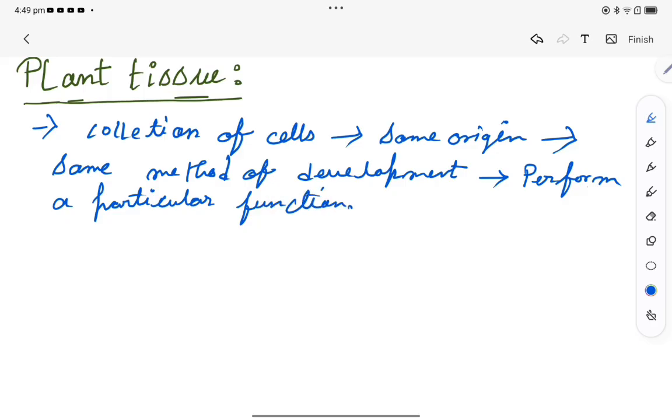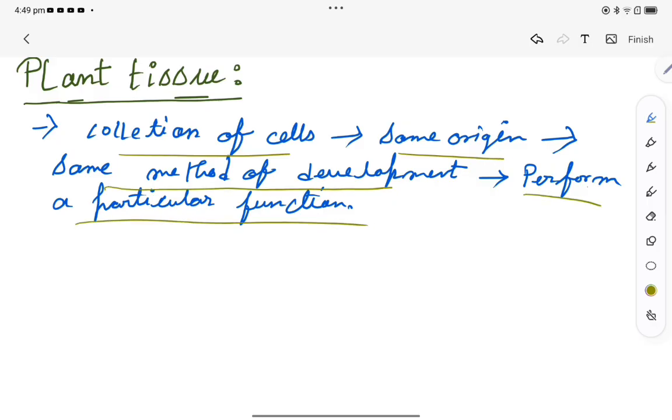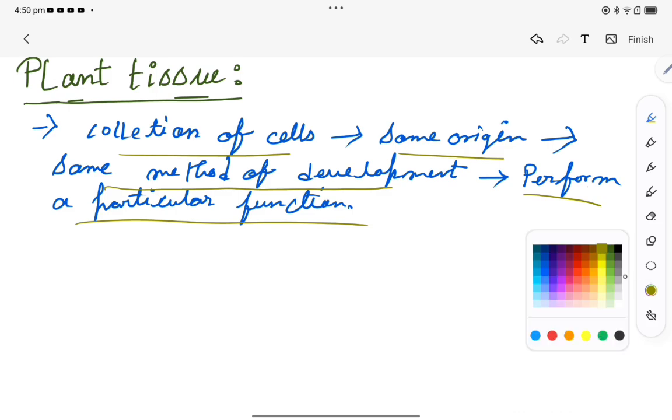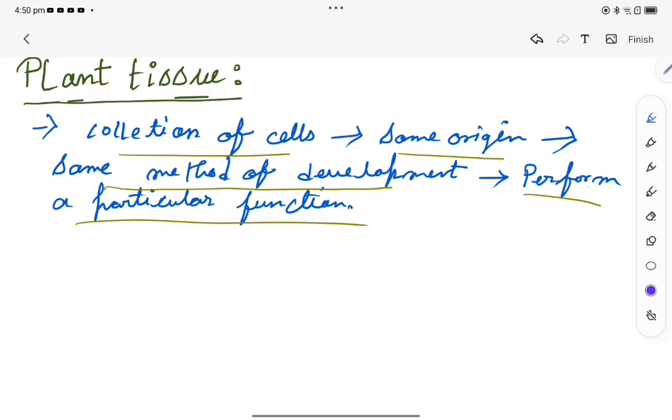So what are tissues? Tissues are a collection of cells of the same origin, same method of development, and they perform a particular function, right?